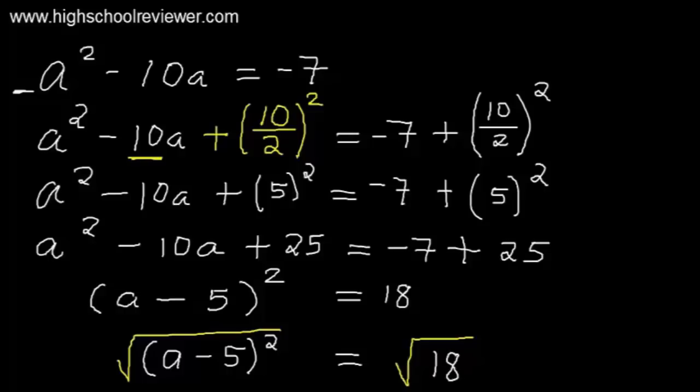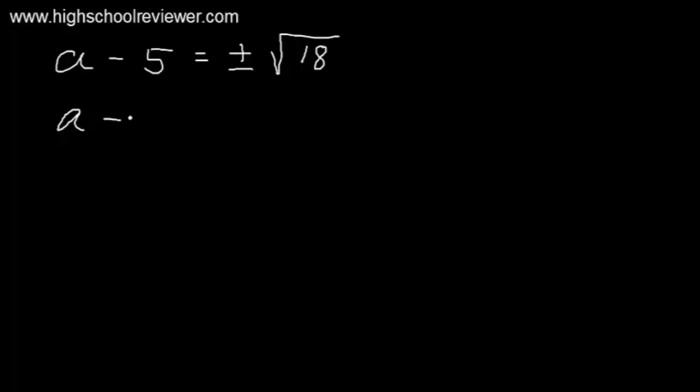Now the square root of a minus 5 raised to the power of 2 will be equal to a minus 5. So this will be a minus 5 equals plus or minus the square root of 18. We can simplify 18. The factors of 18 will be 9 times 2.